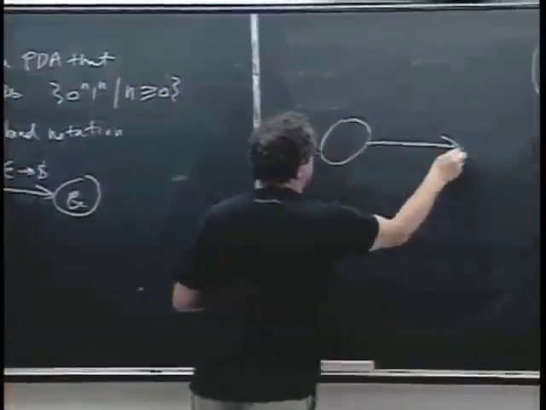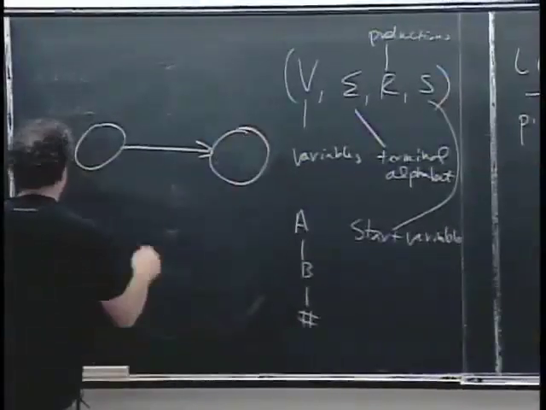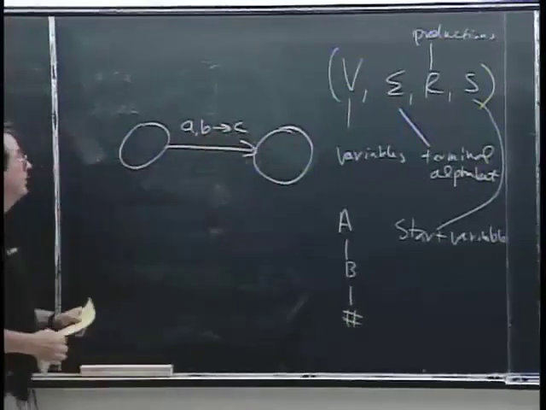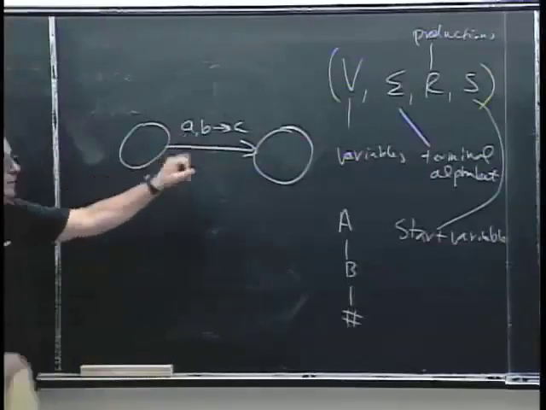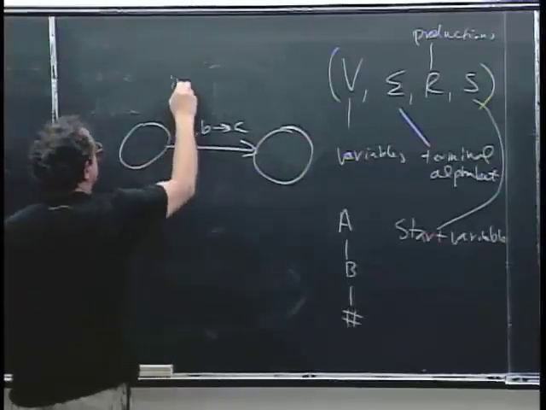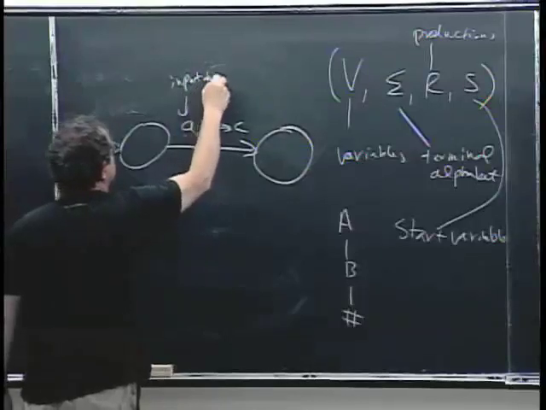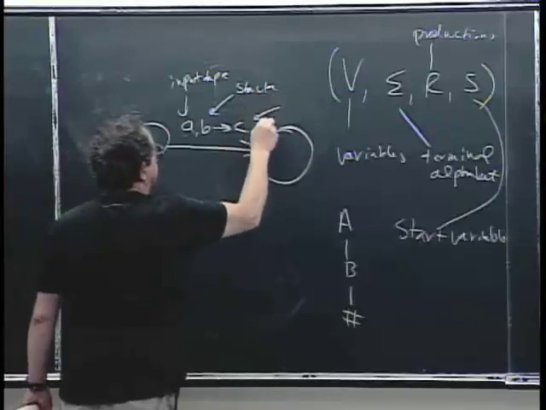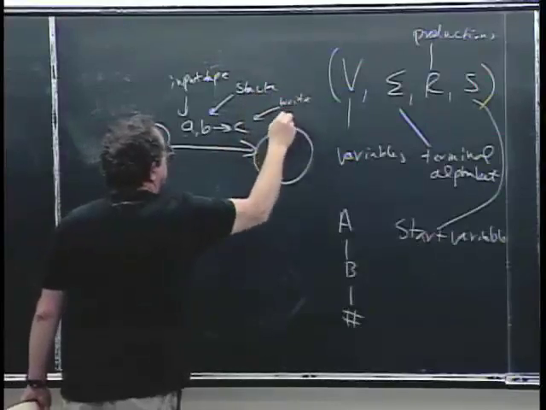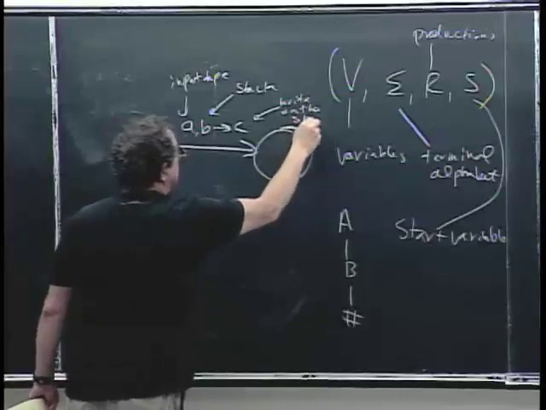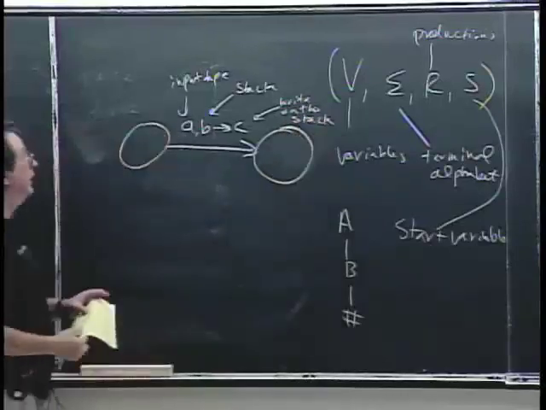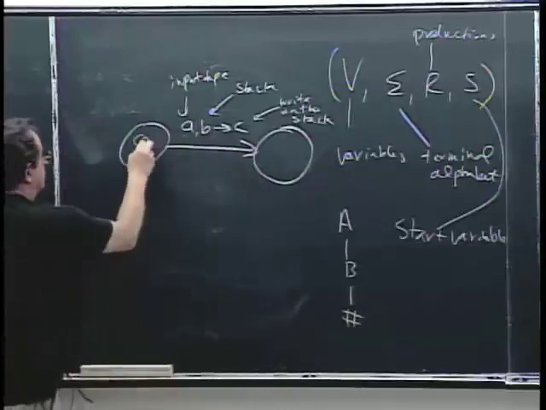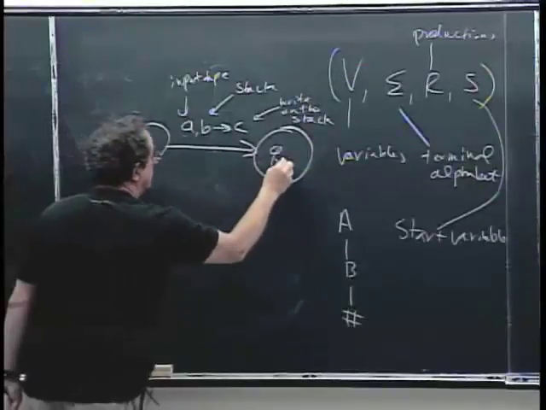If you go from one state to another, okay, then A, B, C. A is what's on the input tape. B is what's on the stack. And C is what you write onto the stack. So in general, we're going to write that onto an edge from Qi to Qj.